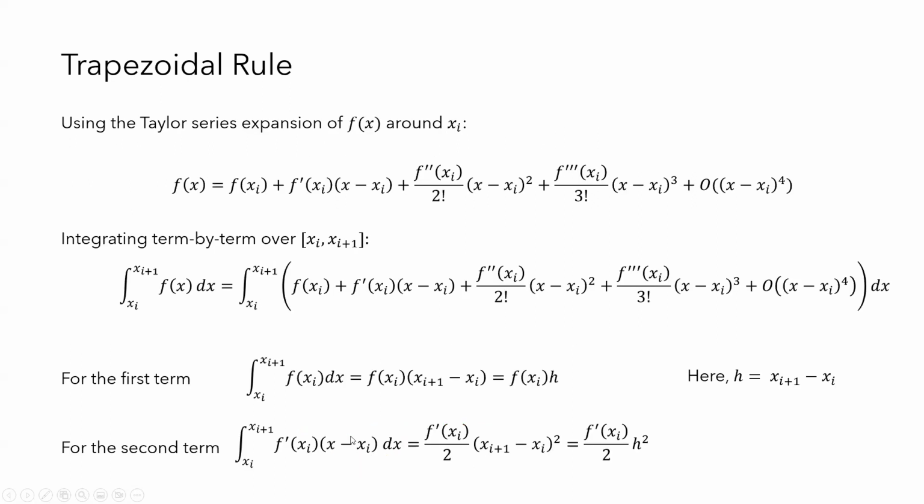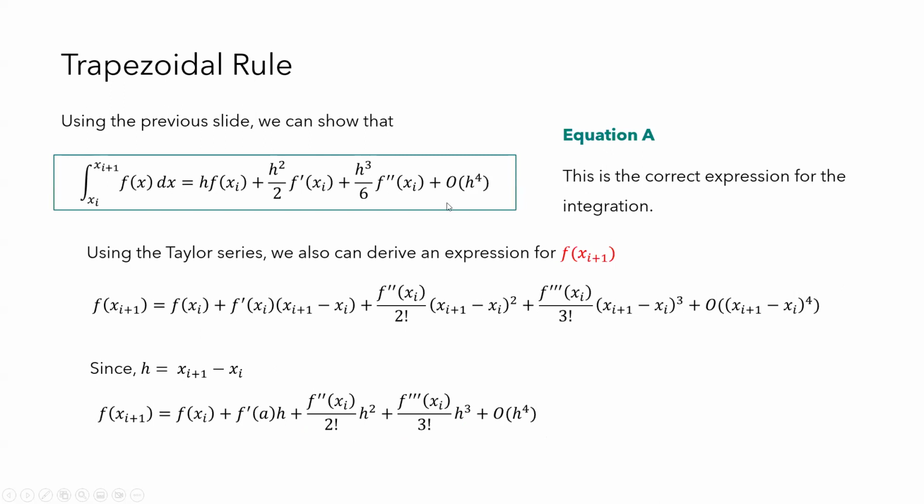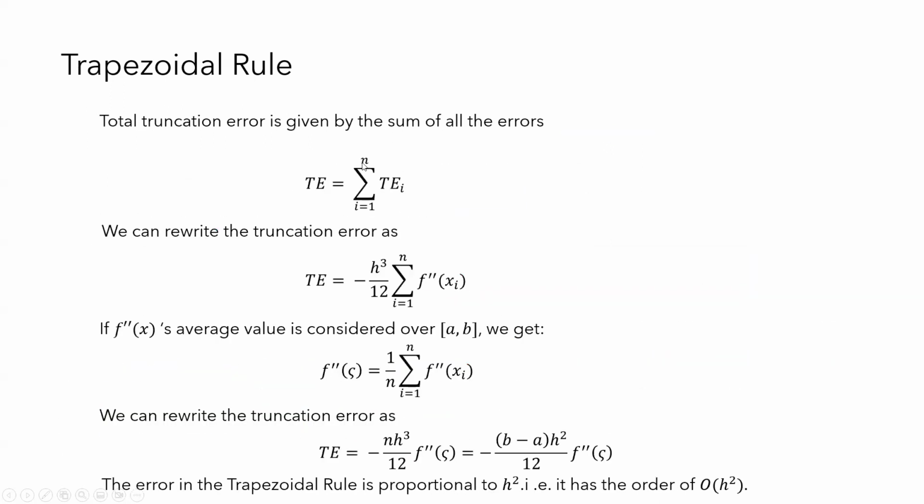However, we need to find the truncation error of the whole range. For that purpose, we calculate the sum of all the truncation errors within this range, that is from a to b. So this is from i equal to 1 to n, and we have minus h to the power 3 over 12 times the sum of f double prime of xi.